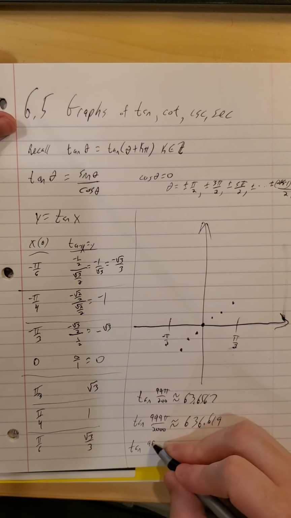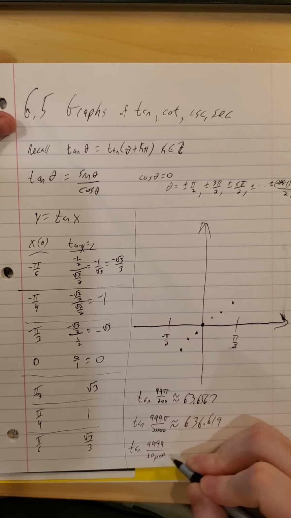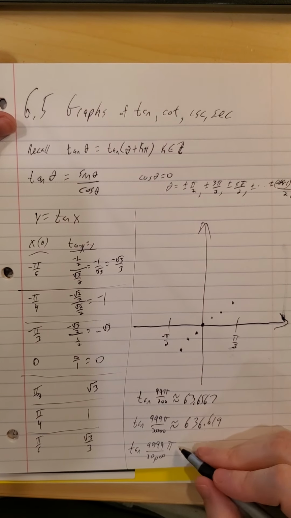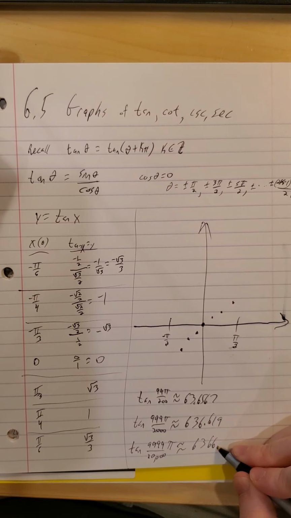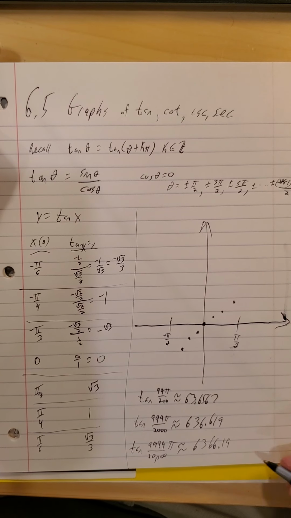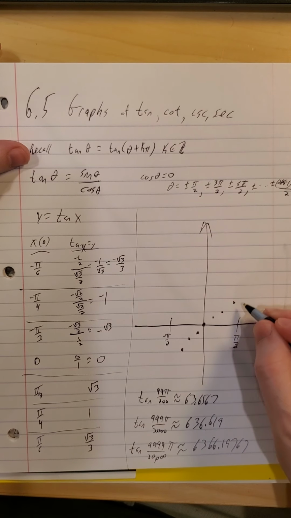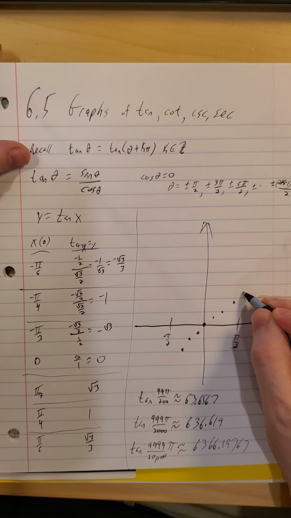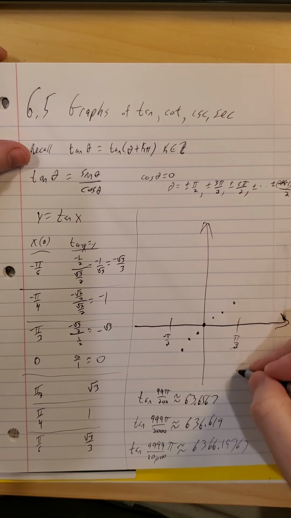And if you try one more, 9,999 out of 20,000 pi, now we're again about an order of magnitude larger, 6,366 and change. So the closer I get to pi over 2, these are getting closer and closer to infinity.